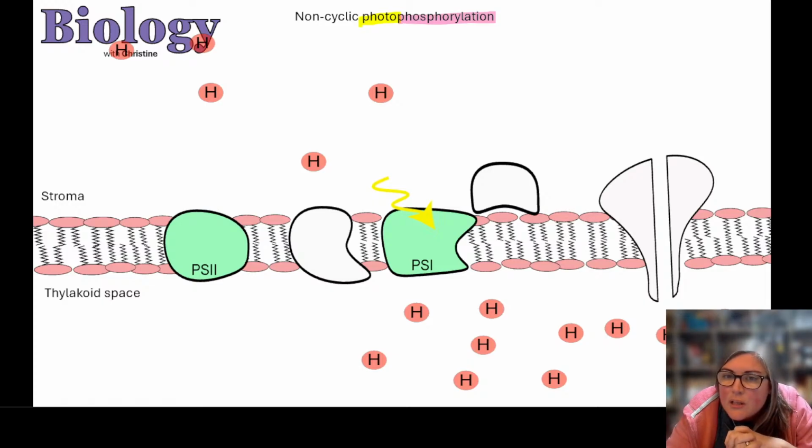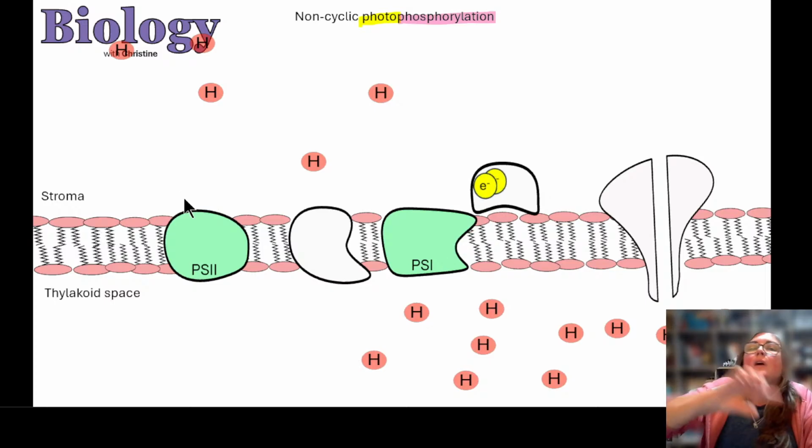Is the light energy the energy released when the electron goes back to its original level? No, it's not light energy that's released. Light energy is absorbed. The energy that's being released as it goes back down to its original state is the energy needed to actually pump hydrogens against a concentration gradient.